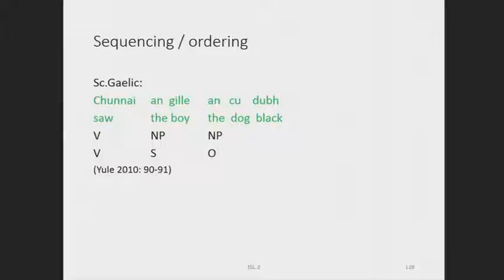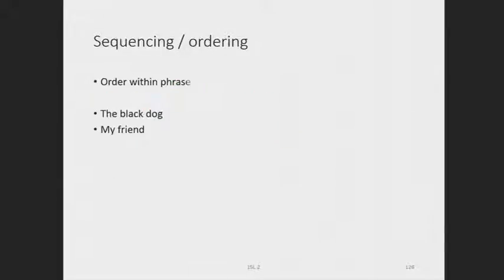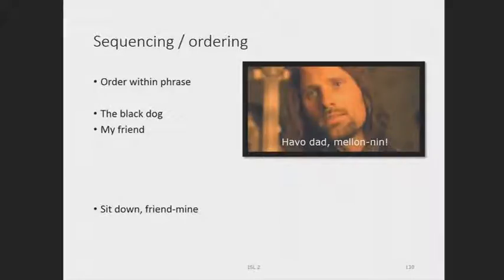Now that's of course not true for all languages, so if your first language was Gaelic, you might utter something like that, because there you have the verb first. Or if your first language is Elvish, then you would probably have your determiner after the noun, because melanin is friend mine, which means my friend. So it depends on what your language is, but once these rules are there, once they're established, you will probably not come up with something that doesn't fit these patterns.